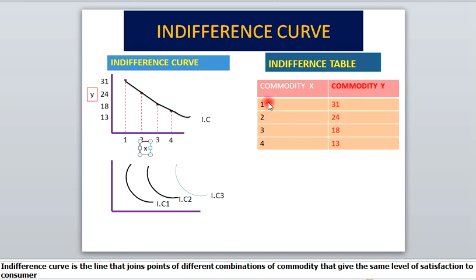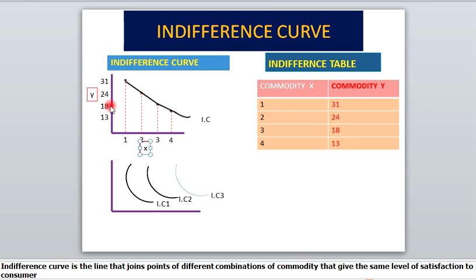Look at this now. When 1 of commodity X is consumed, the consumer consumes at the same time 31 of commodity Y. This is the point of intersection. So when 24 of Y is consumed here, 2 of X is also consumed. So this is the point of intersection.